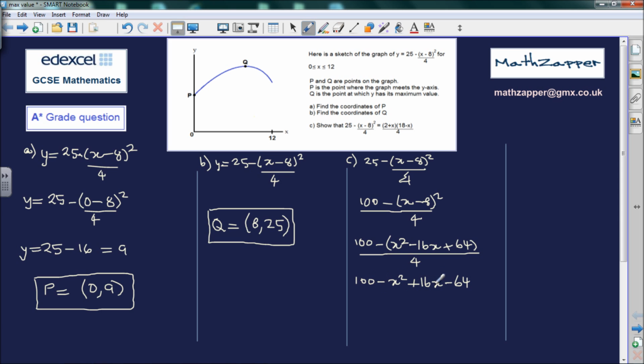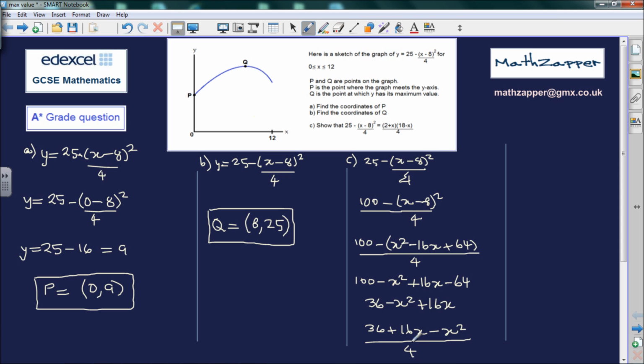Tidying up a little bit, 100 minus 64 is 36, minus x squared plus 16x, and then finally we could rewrite that as 36 plus 16x minus x squared, and remember it's all over 4.